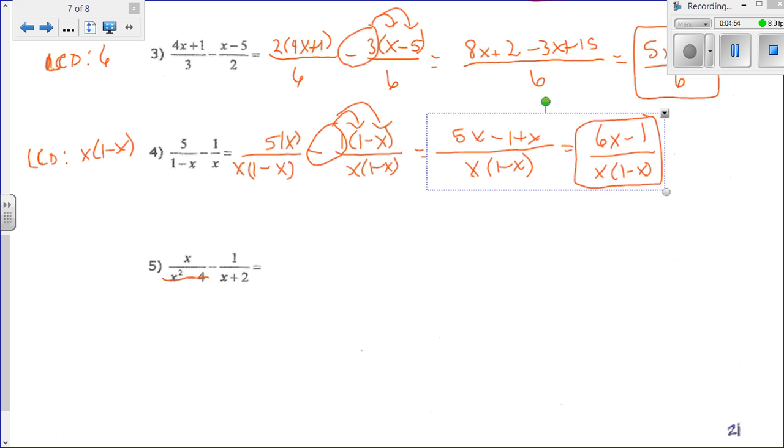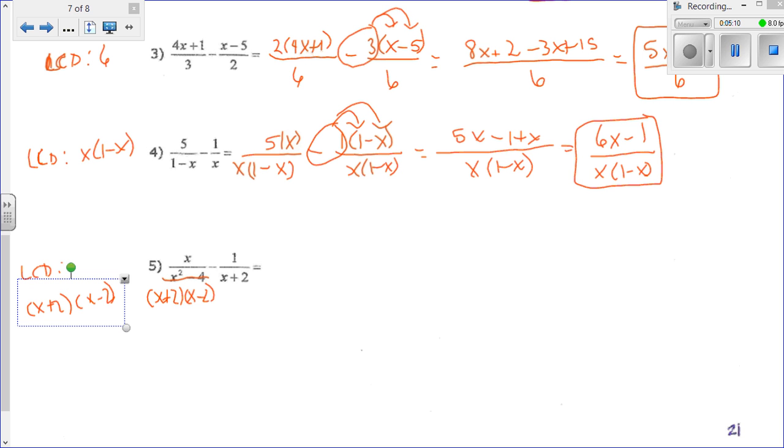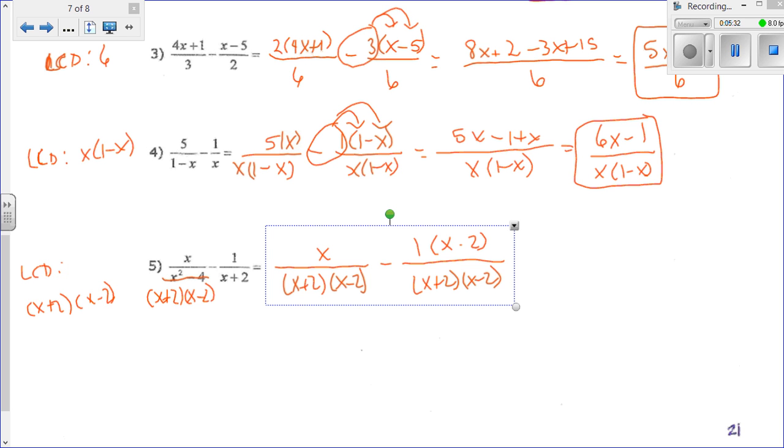Number 5 is the first time we actually have to worry about factoring our denominators. I have x squared minus 4, which is just x plus 2, x minus 2. My LCD is 1 of everything I see, so it's x plus 2, x minus 2. And it doesn't matter the order that you write that in. So nothing is changing for my first fraction, so it's just x over x plus 2 times x minus 2, minus x plus 2, x minus 2 in my denominator. I have a 1 in the numerator. What was missing was x minus 2, so I need to multiply the top also by x minus 2.